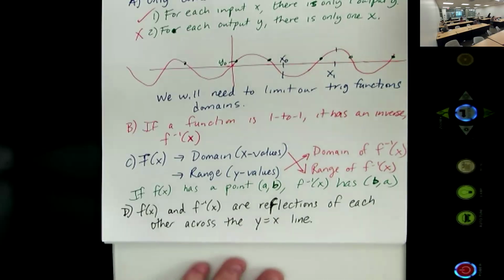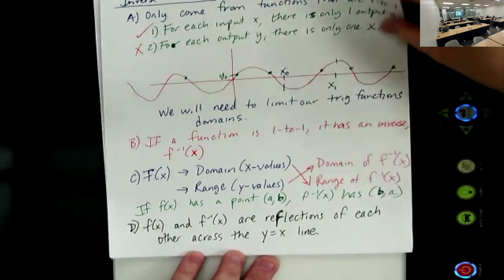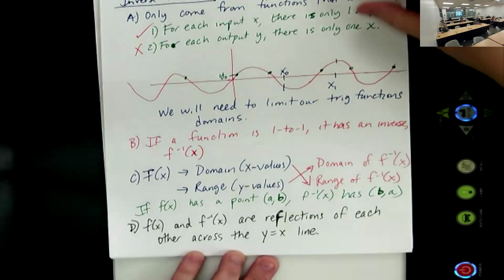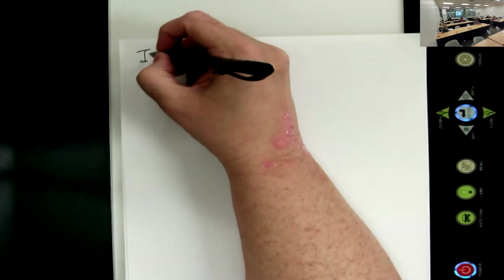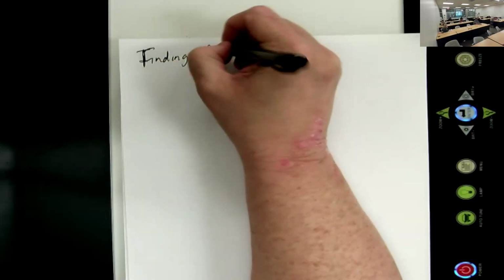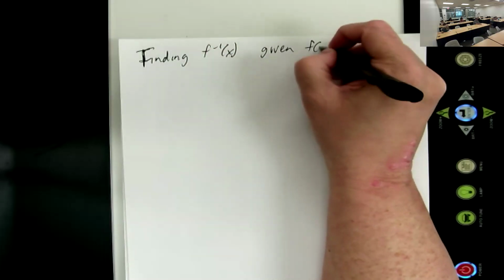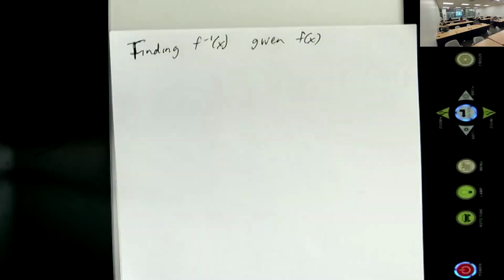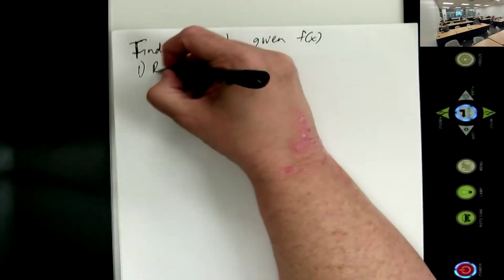So far, we're just talking about stuff hopefully you already know. So about inverses, how do we find inverses? Find f inverse given f of x. Step one, replace f of x with y.